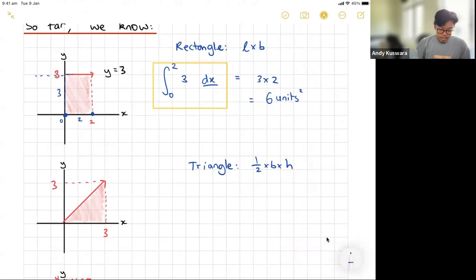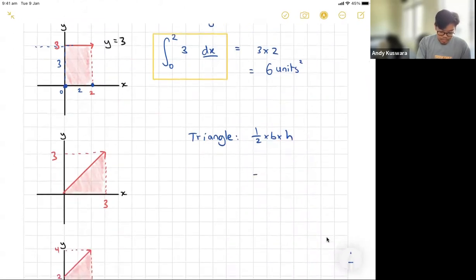Here, my base is 3, my height is 3. It's labeled somewhat nicely for us. So it's going to be half times 3 times 3. And that's just going to give us 9 on 2 units squared.